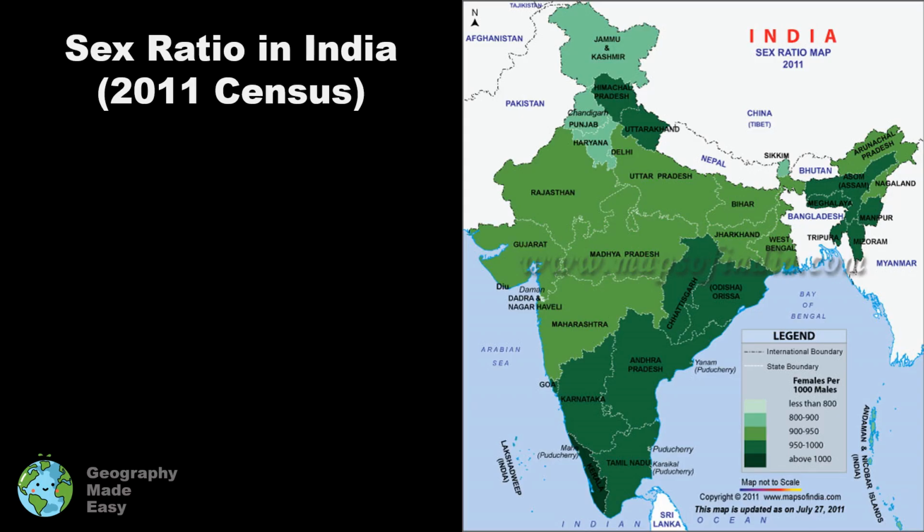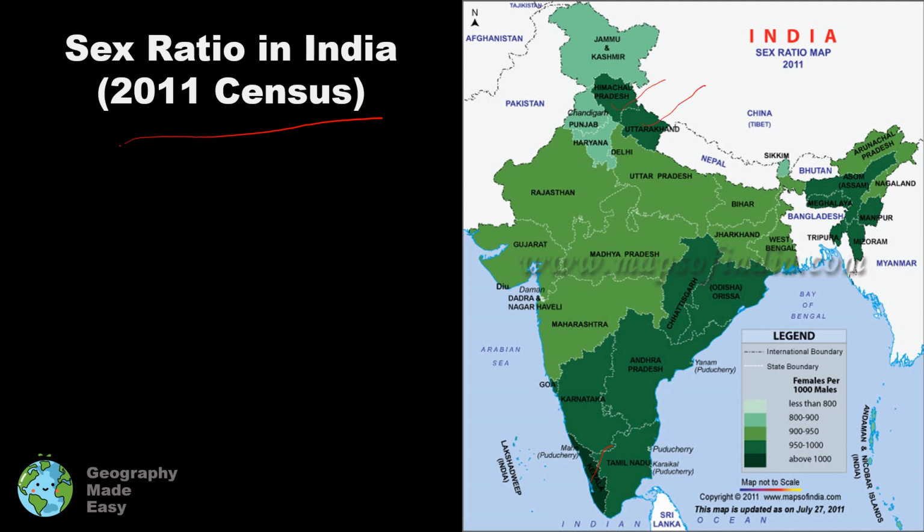Moving on, this map shows the 2011 conditions of the sex ratio in India, where we have above 1000 in the case of Kerala. The southern states have good sex ratios of 950 to 1000: Tamil Nadu, Karnataka, Andhra Pradesh, Odisha, Chhattisgarh, and some of the northeast states of Assam, Meghalaya, Manipur, Mizoram, and here we have Uttarakhand and Himachal Pradesh.